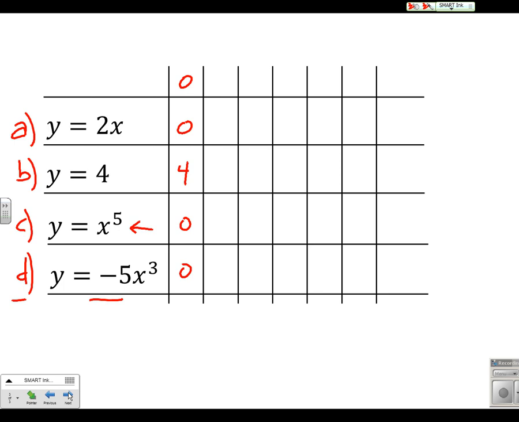And if we say, well, what's happening when x is 1? A, 2 times 1, this would still be 4. C would be 1 to the 5th, 1, but D would be 1 to the 3rd, 1, times negative 5, negative 5. So by the time we get to 1, D is our strongest.